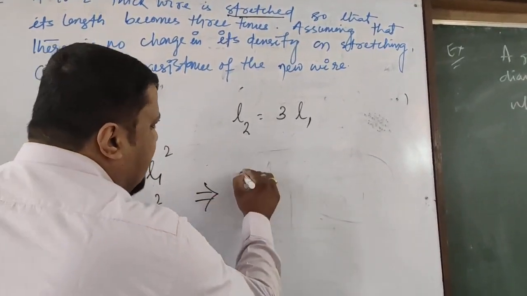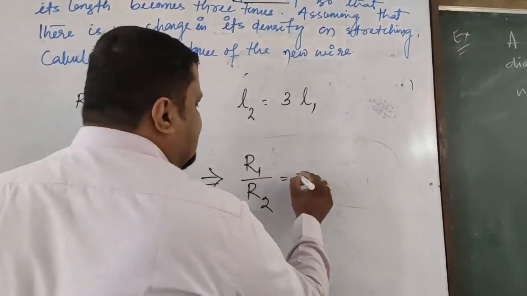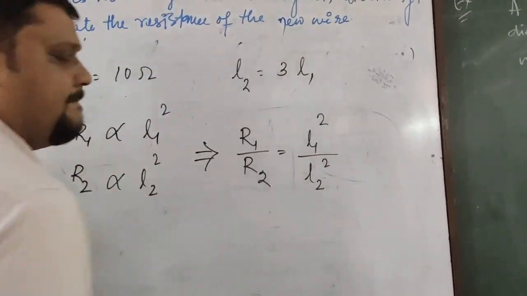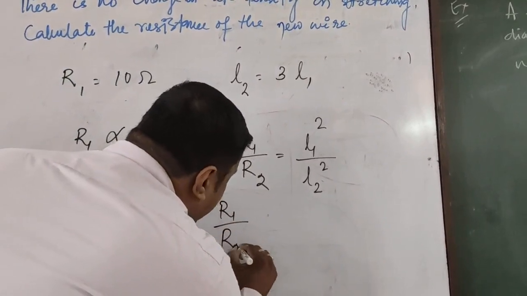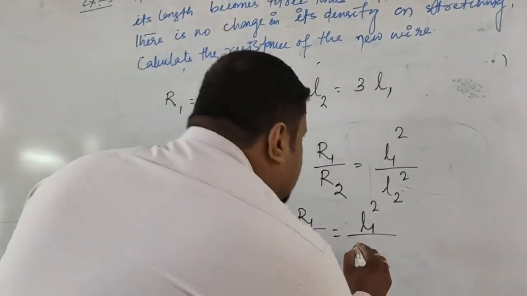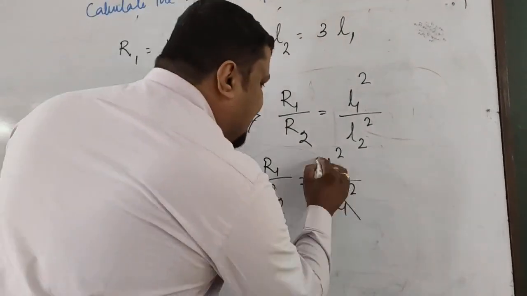This implies R1 by R2, the constant of proportionality cancels, is equal to L1 square by L2 square. That is 9 L1 square in the denominator, so L1 square gets cancelled.